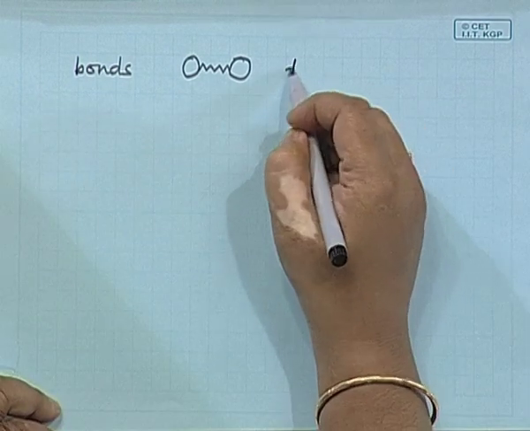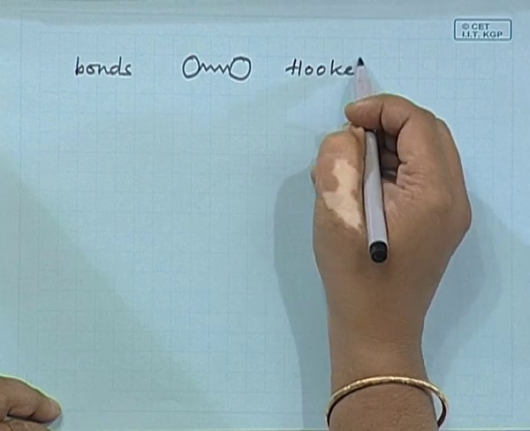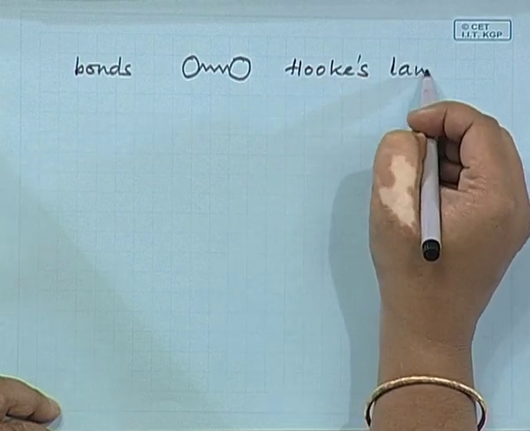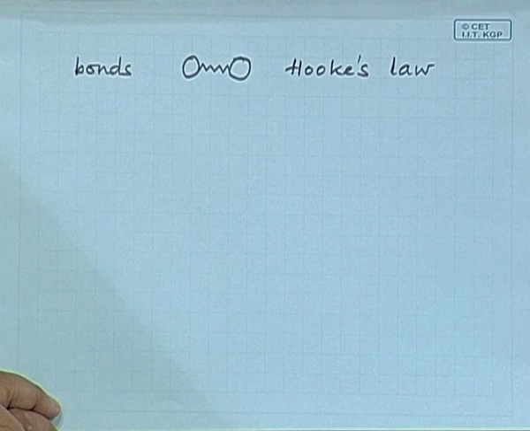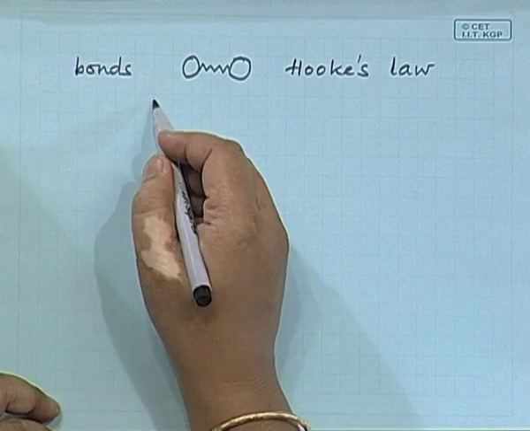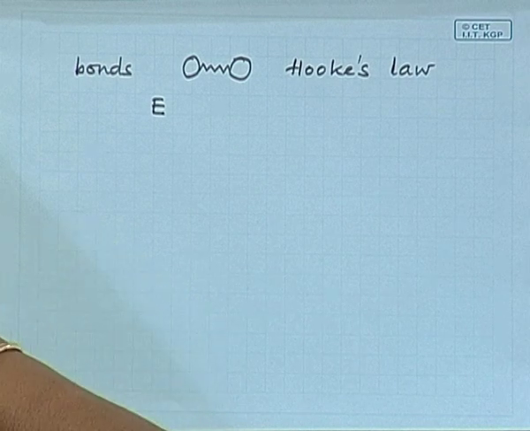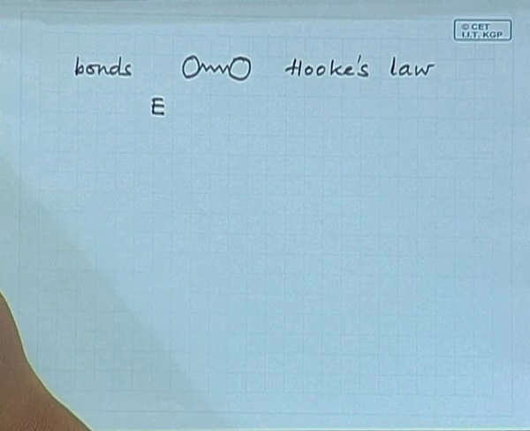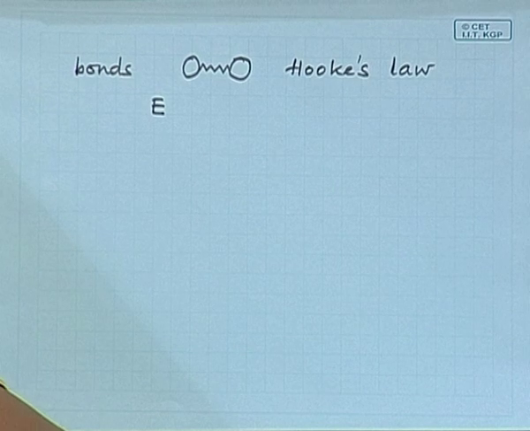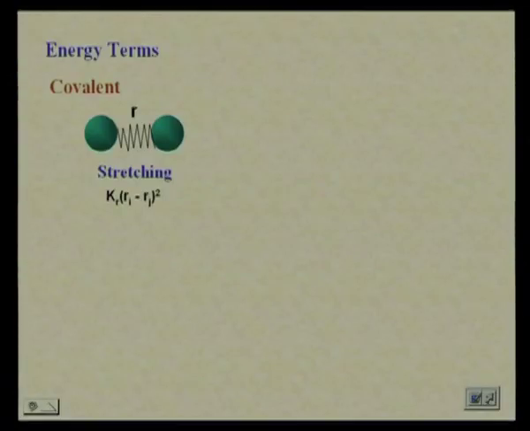All of you know what Hooke's law is. When you have two masses connected by a spring, they are going to give you some energy following Hooke's law. Okay. What is that? That is this. What is this energy due to? It is due to stretching energy. Okay. This follows Hooke's law.